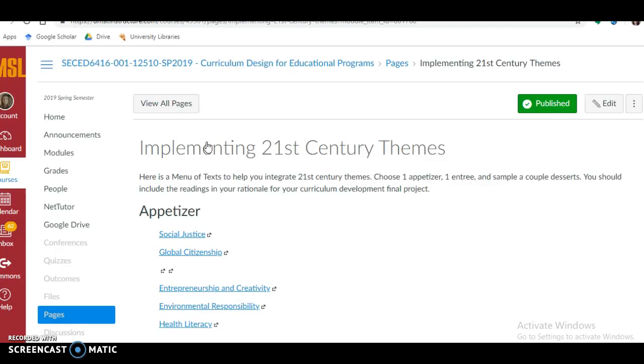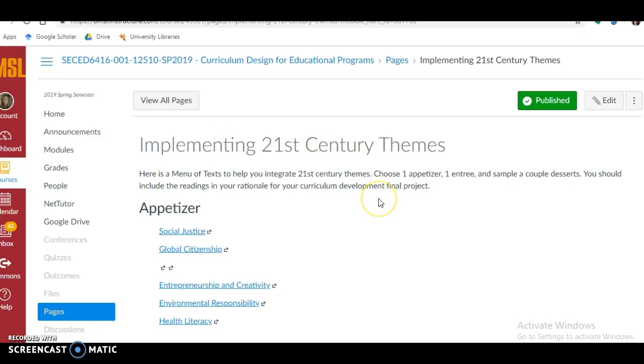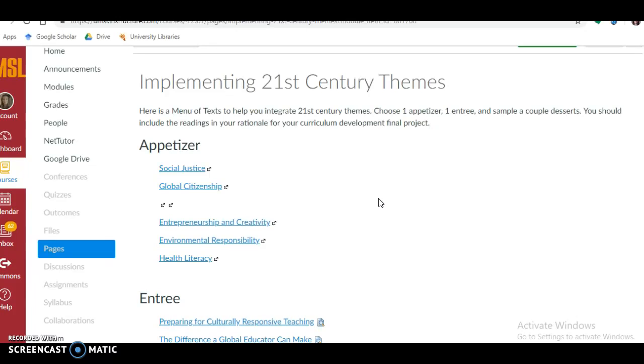The best curriculum, since it is the 21st century, would have both 21st century themes and differentiation. So if you're revising a curriculum, I highly suggest that you try to do both. Have some learning activities that are differentiated as well as learning activities and assessments that implement 21st century themes.